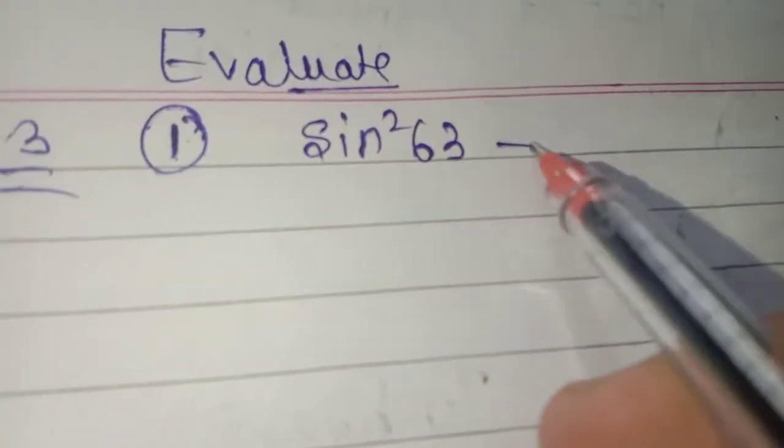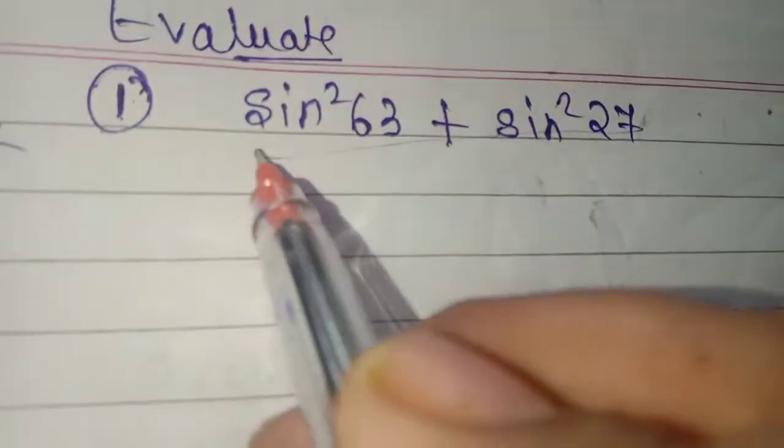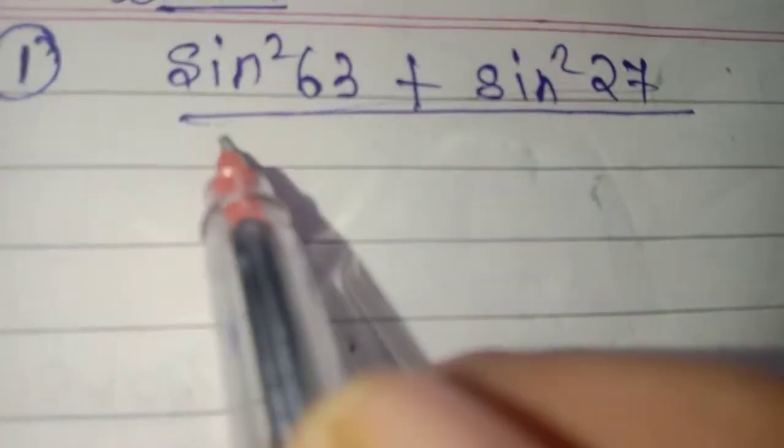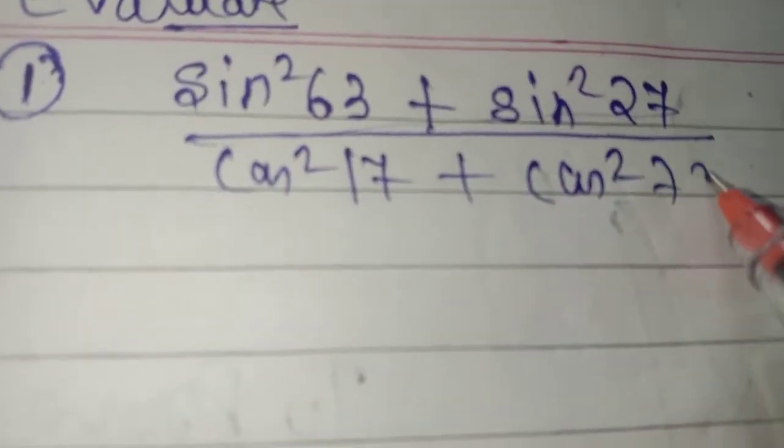Question number 3 is: evaluate. The first question is sin square 63 plus sin square 27 divided by cos square 17 plus cos square 73.